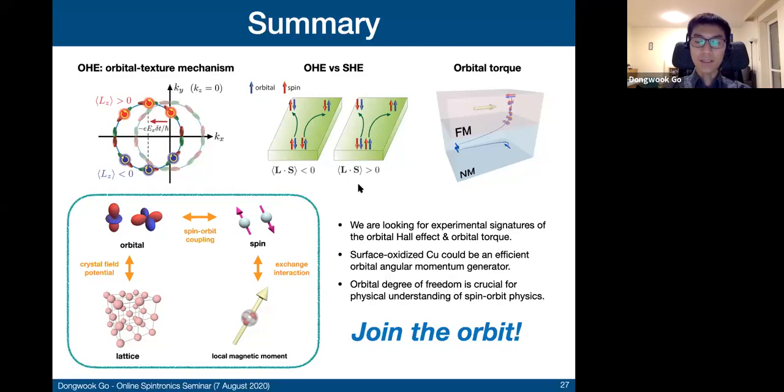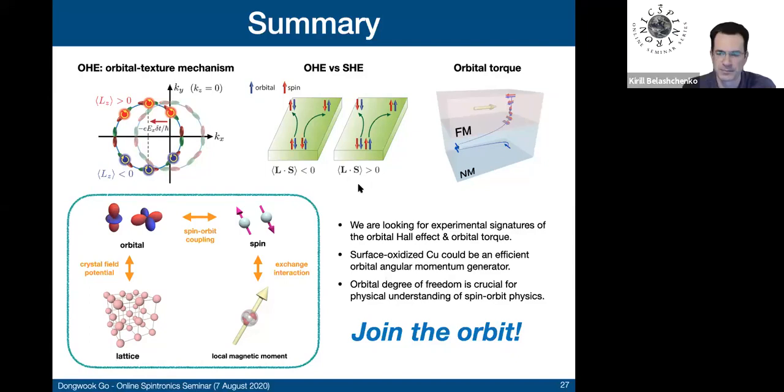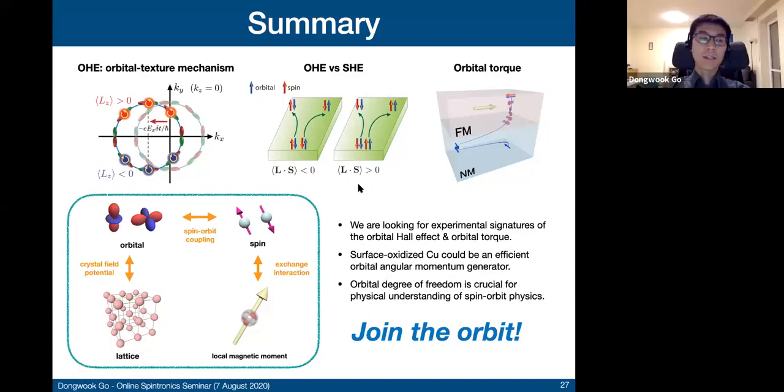I'm sorry about this. The second question was whether we can define a concept like an orbital-dependent chemical potential, as for the case of spin. It is actually very important for developing this field. For example, we may be able to develop an orbital-dependent diffusion equation, like for spin, and also magnetoelectric circuit theory for the orbital.